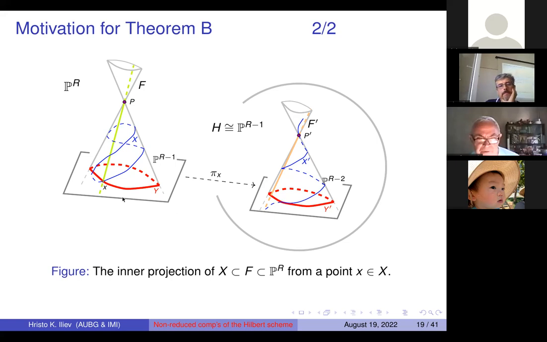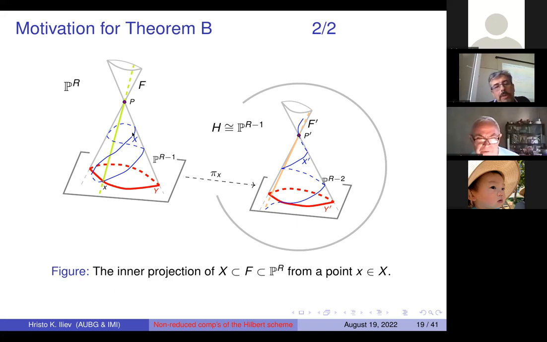And further, if you look at this curve that I have here, X, since all points along this line from the ruling are collapsed to a single point, which is the vertex of the cone F prime, you can observe that this second point of the intersection of the green line gets mapped to this vertex that I have right here.